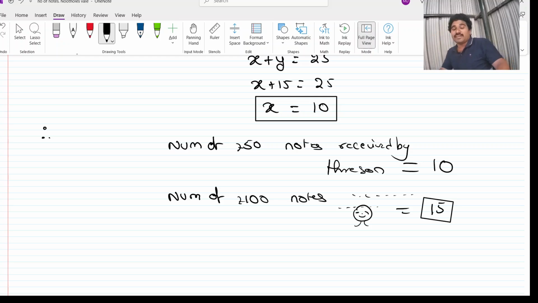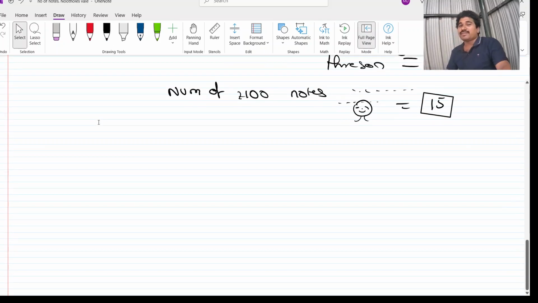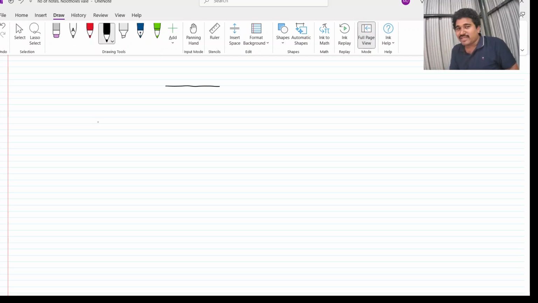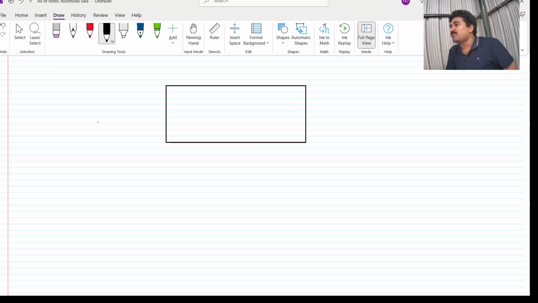So for this kind of question, for my clarity, I will make a small table. It depends on the purpose of the question, for 3 marks like that. But if it is for 2 marks or 1 mark, I will do it differently.